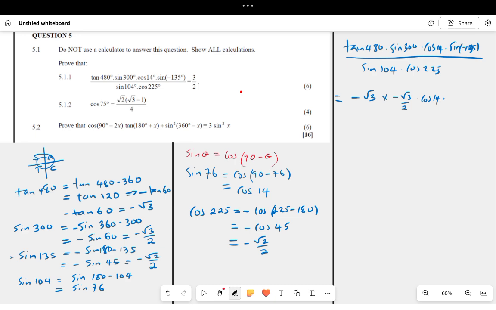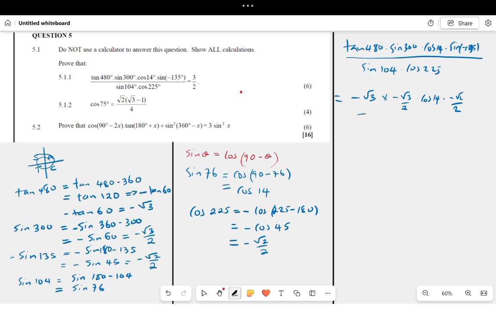Then you multiply by sine negative 135, which is the same as negative the square root of 2 over 2.